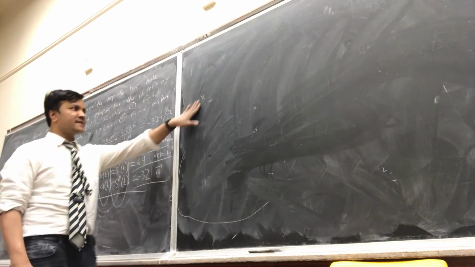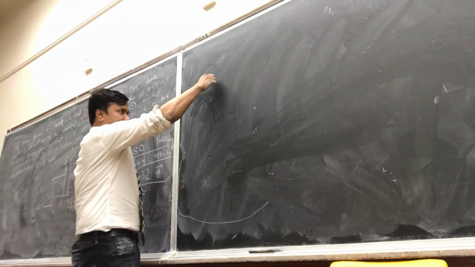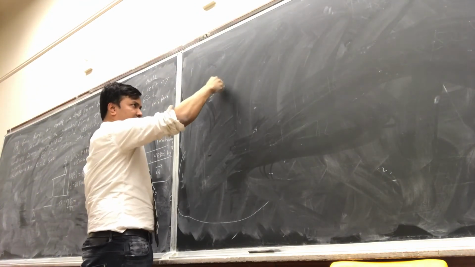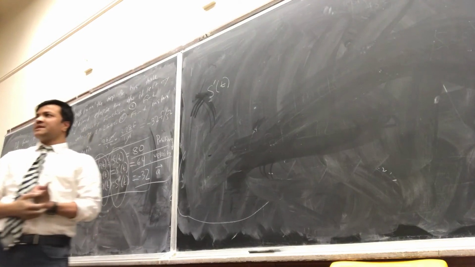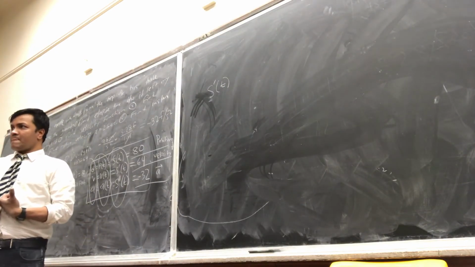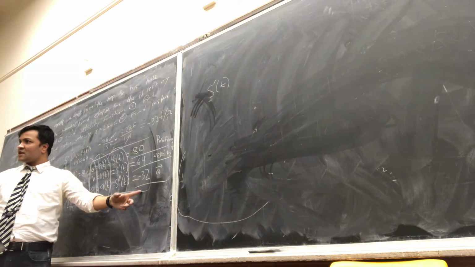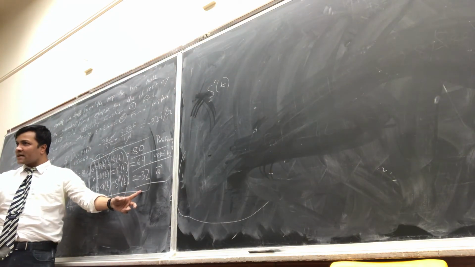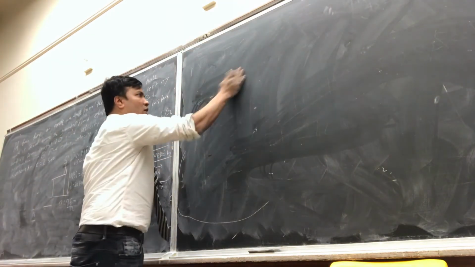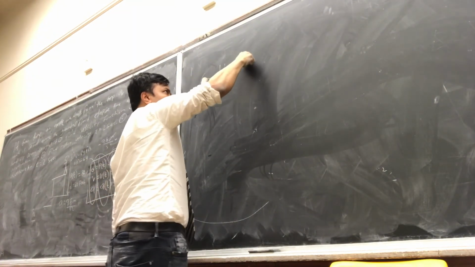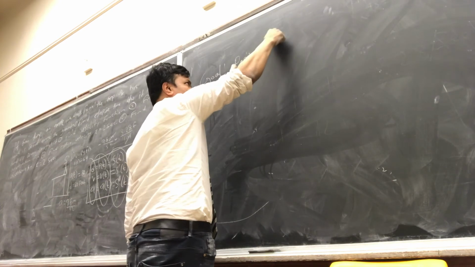The next part is with S prime of t. That's our goal. We're gonna go backward. Because our goal is to find what? Our goal is to find the position function.